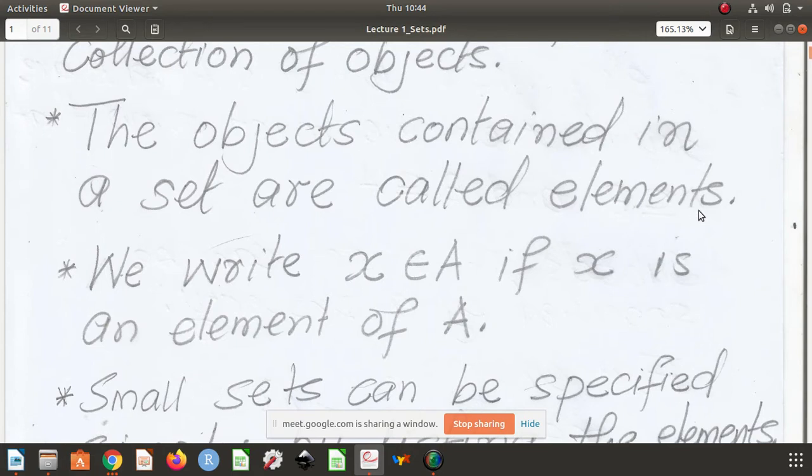So if I consider a set containing the integers, then the integers are the elements. The numbers, say like 1, 2, 3, -1, 0, all those will be the elements of my set.